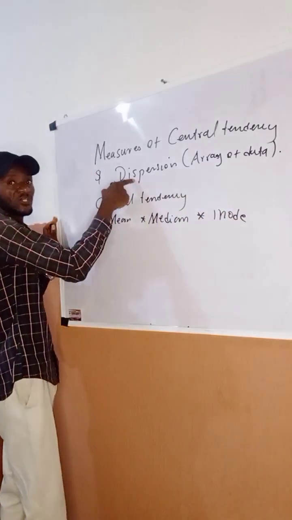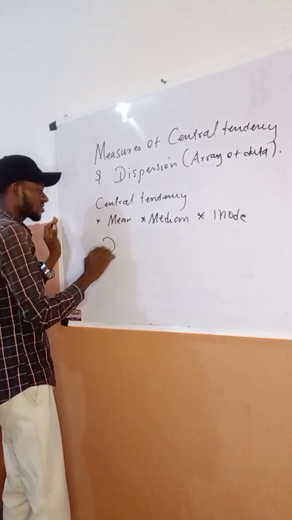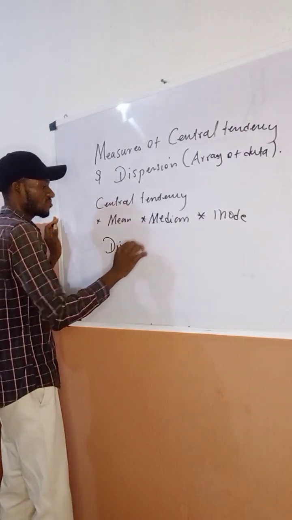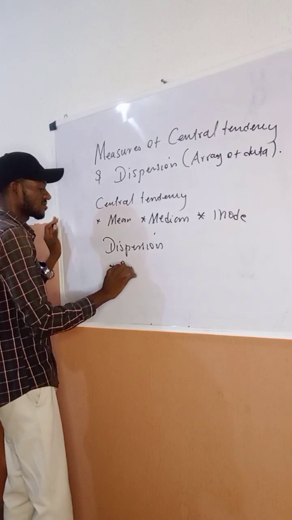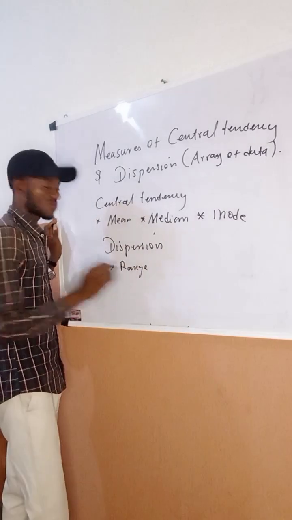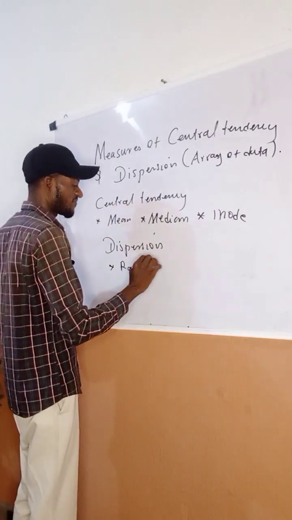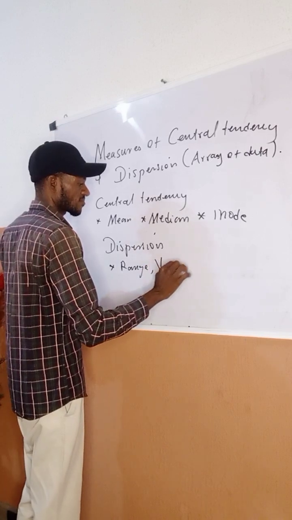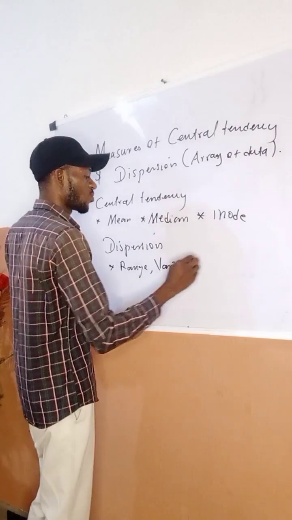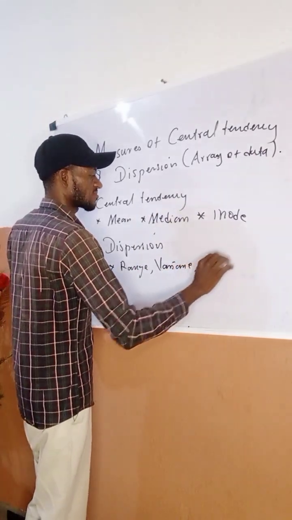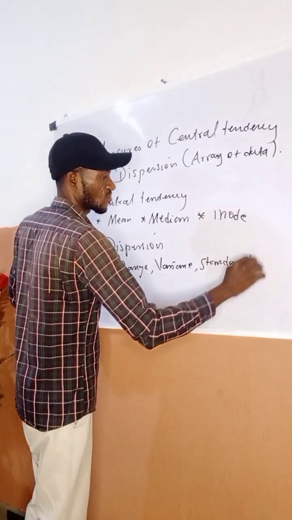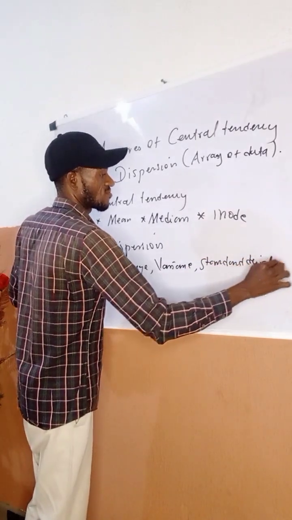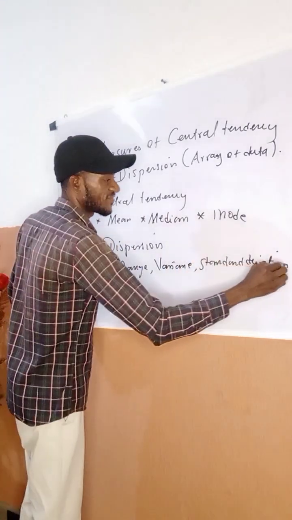Then under the measures of dispersion, we are going to look at the range, the variance, the standard deviation.